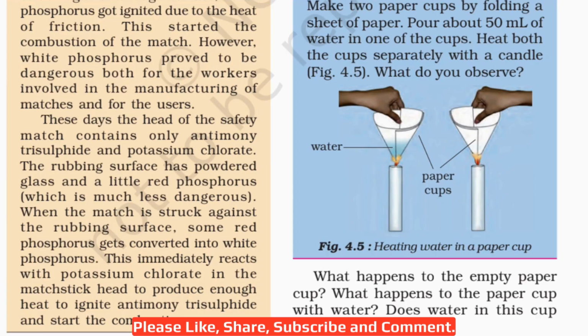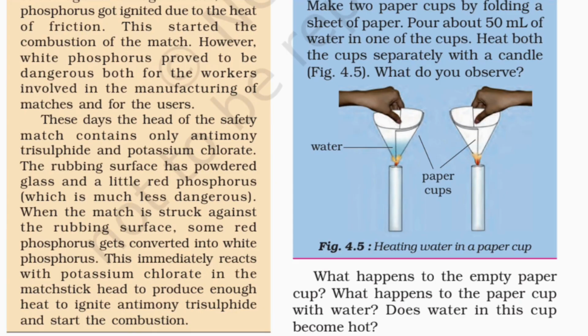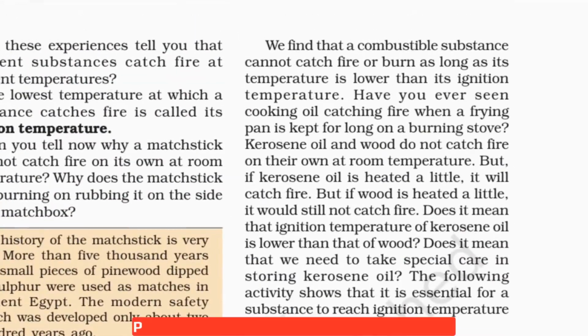But when you strike the match against the rubbing surface, some red phosphorus gets converted into white phosphorus. This immediately reacts with potassium chlorate in the matchstick head to produce enough heat to ignite antimony trisulfide and start the combustion. Okay. So this is the history of the matchstick.